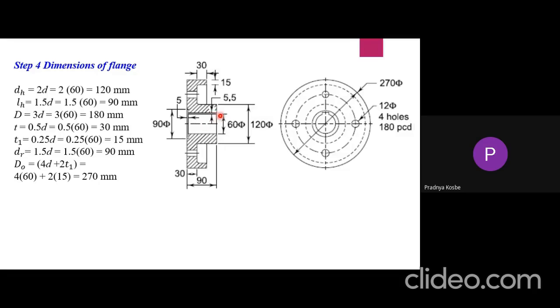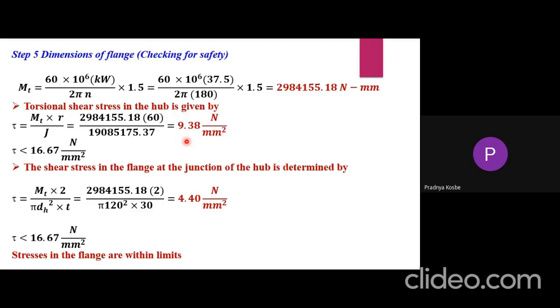So the inner diameter of the hub will be equal to 60 mm. So it is like a hollow shaft. So its polar moment of inertia will be pi by 32 dH raised to 4 minus D raised to 4. After calculating this, I will get 19085175.37.